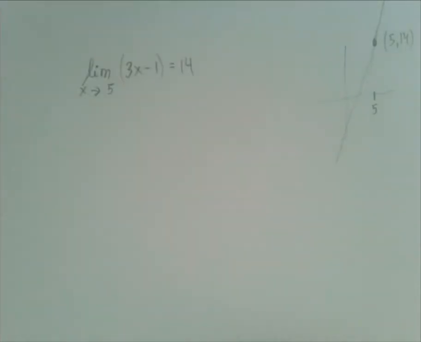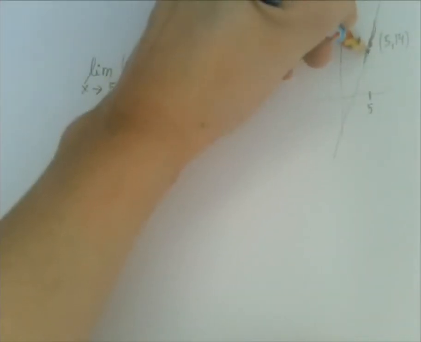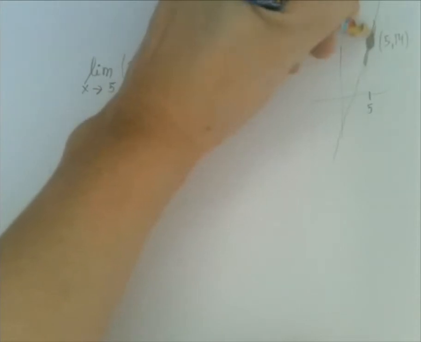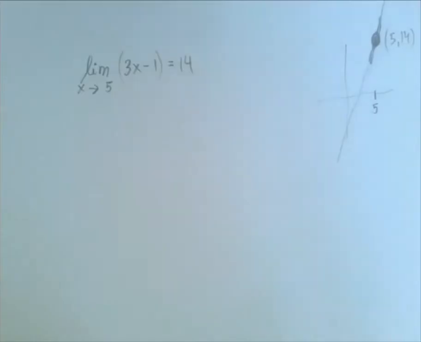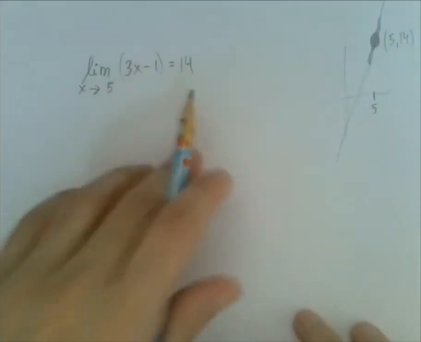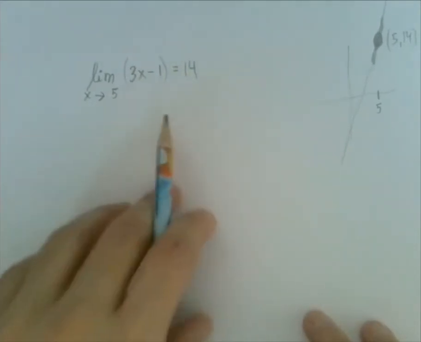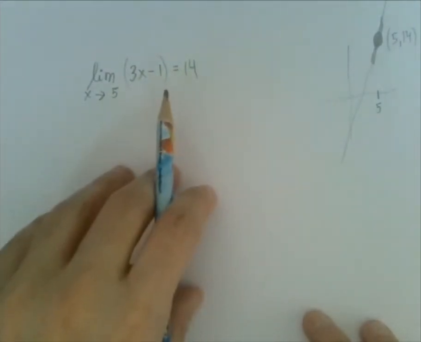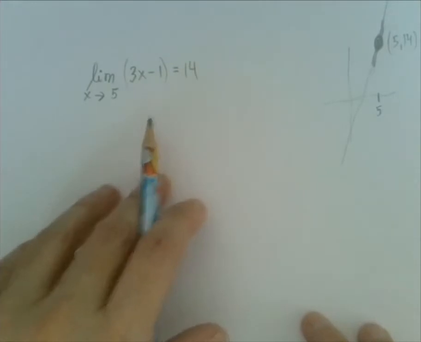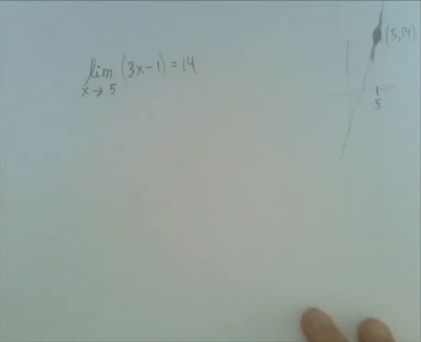And it doesn't matter whether we are approaching 5 through numbers slightly larger than 5 or smaller than 5. There is a slight difference, but it's not in where they're going. It's just from which way they are approaching, but they are approaching the same thing, which is why this two-sided limit exists, which means there is a left limit, there is a right limit, and they are equal, therefore there is a two-sided limit.